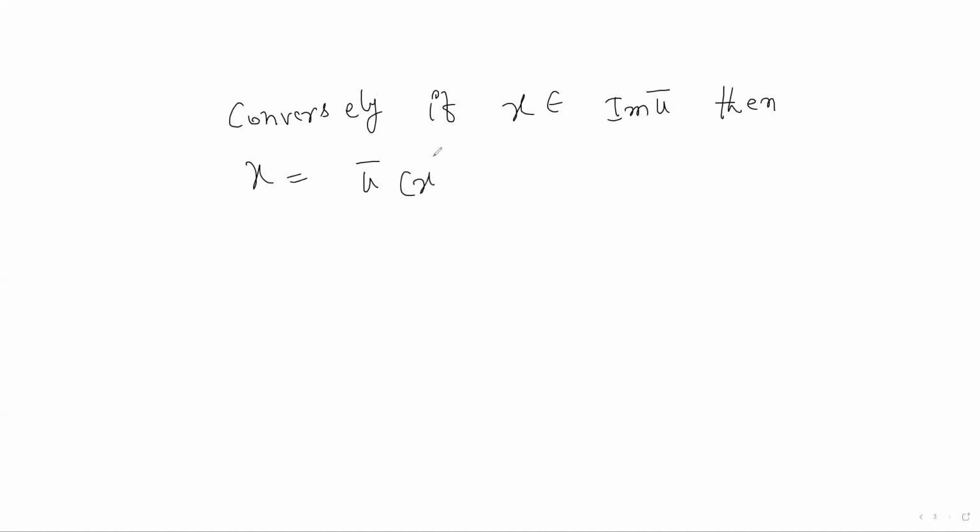Now conversely, if x belongs to image of u bar, then x equals u bar of x dash, which is the same as u of x dash, where x dash is in kernel of f dash, because the u bar का domain जो है वो kernel of f dash.